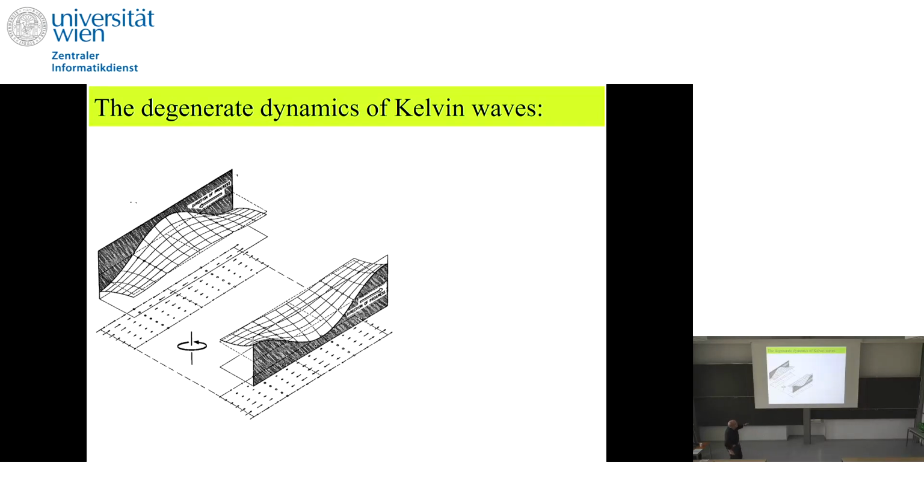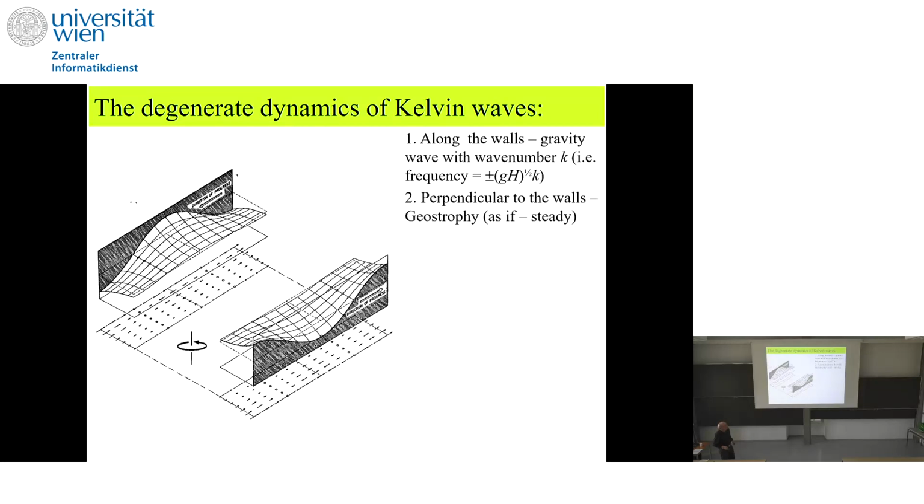In the perpendicular direction, the u and eta are always in geostrophic balance. So let me say it a little more. Here's the frequency, that of gravity waves. So in this direction, it's like pure gravity waves. Perpendicular is geostrophy as if it's steady. And the amplitude decreases exponentially. This is where the rotation enters.